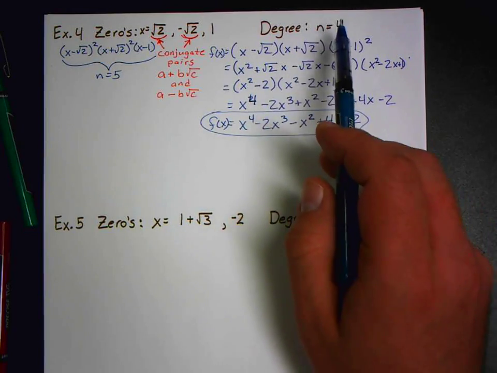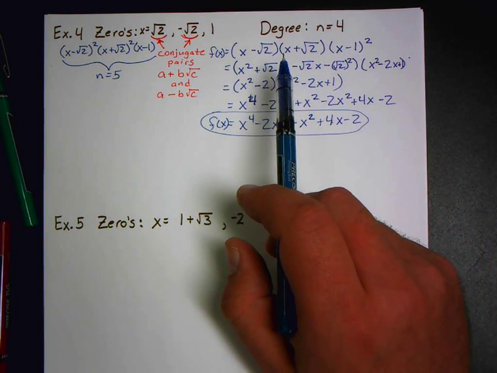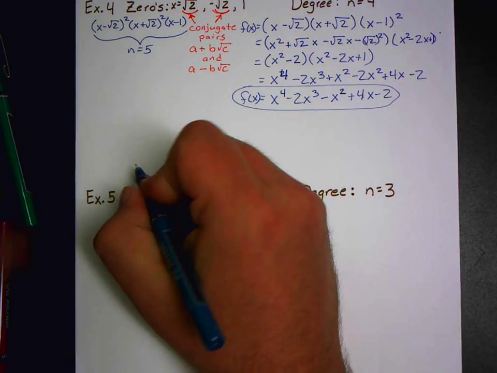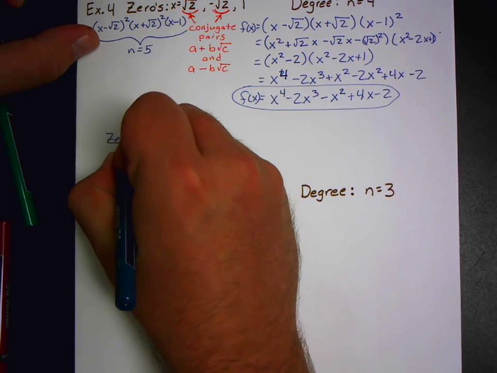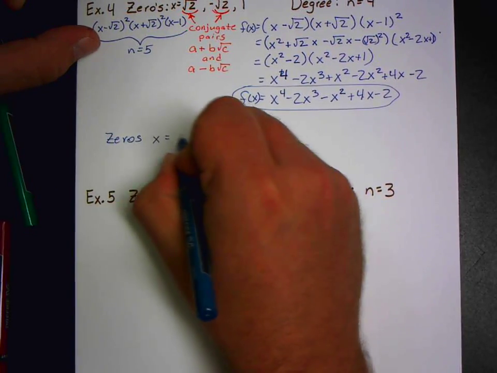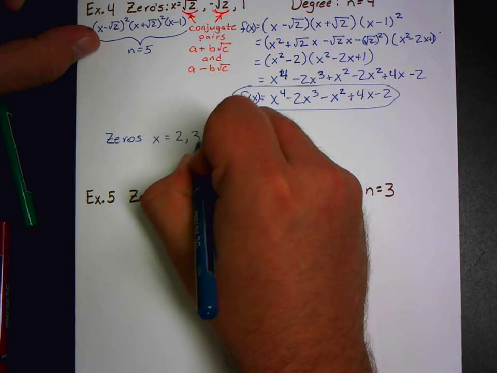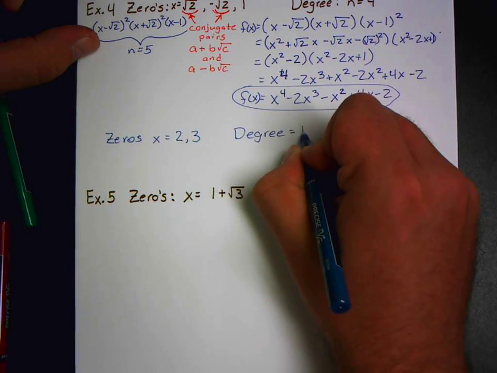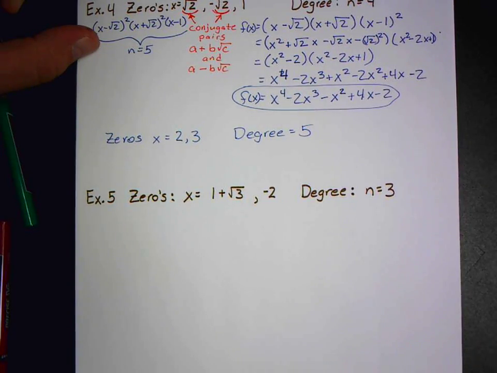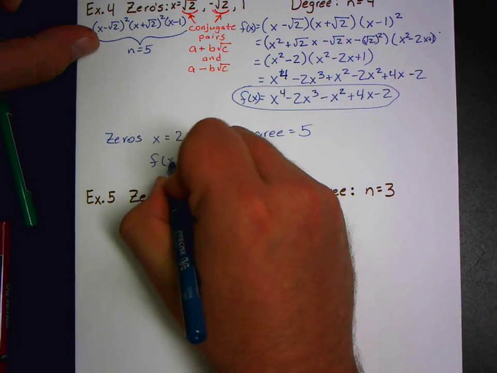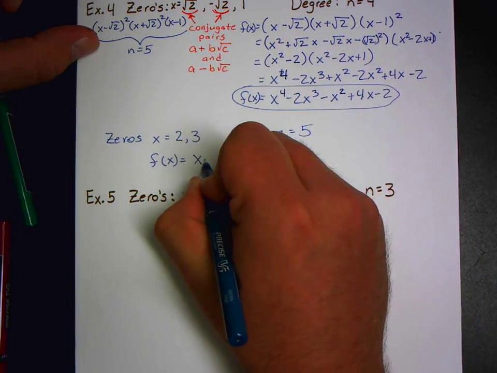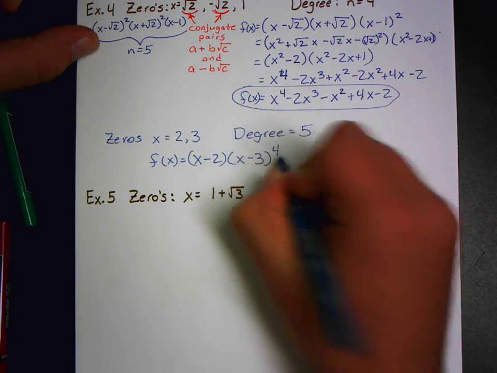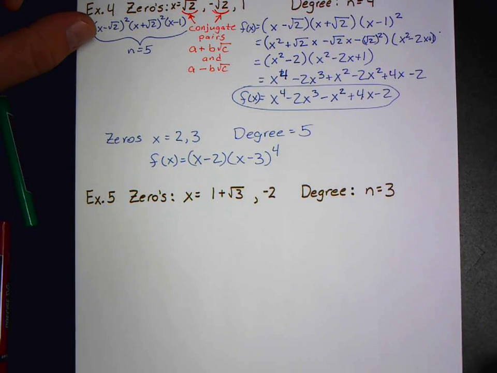I mean, if I gave you something like this, and I ask for a degree of 5, you could make it like this. That would give me a degree of 5, right?